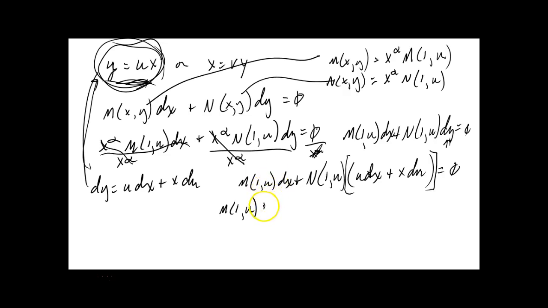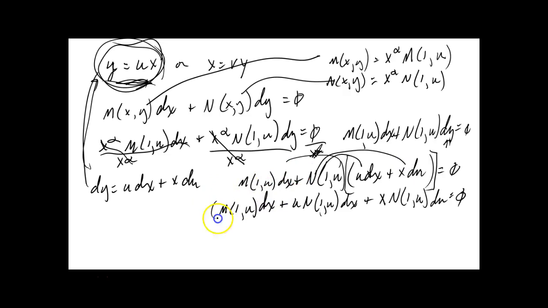So m of 1, u dx plus u n of 1, u dx plus x n of 1, u du is equal to 0, okay? All I did was multiply this and this across here, group these two together, and leave that one by itself, okay?